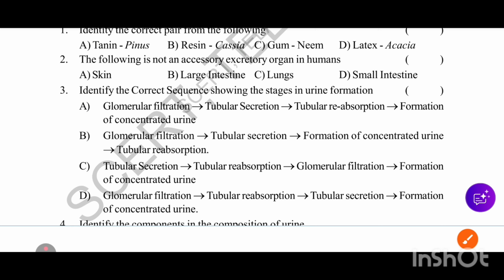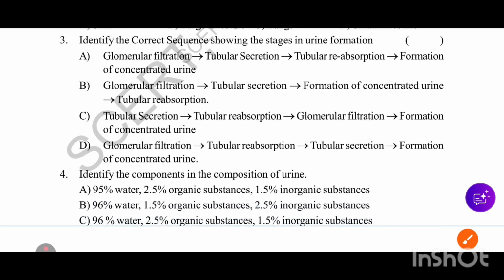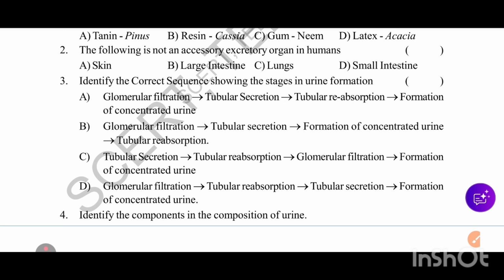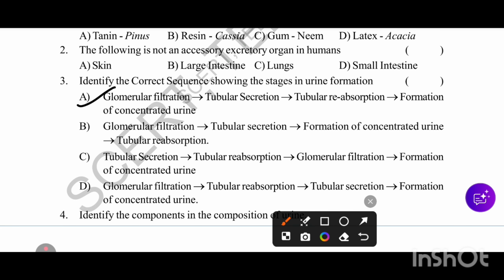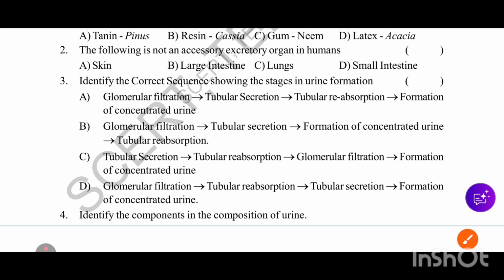Is it clear? Now the third question is, identify the correct sentence showing the stages in urine formation. So for this, the right option is A. Glomerular filtration, tubular secretion, tubular reabsorption, formation of concentrated urine is the right option for this particular third question.